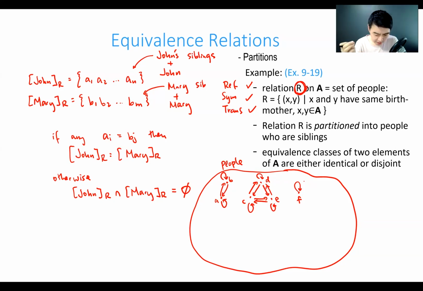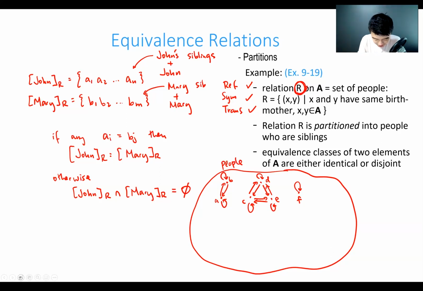You can think about it, but the answer is no. You cannot have an empty equivalence class, because what is the smallest equivalence class that we can have? Well, look at F. F is the only child, and the equivalence class of F is F itself, because the equivalence relation is reflexive. At the very least, F is related to F. There cannot be an equivalence class that's empty. So keep that in mind.